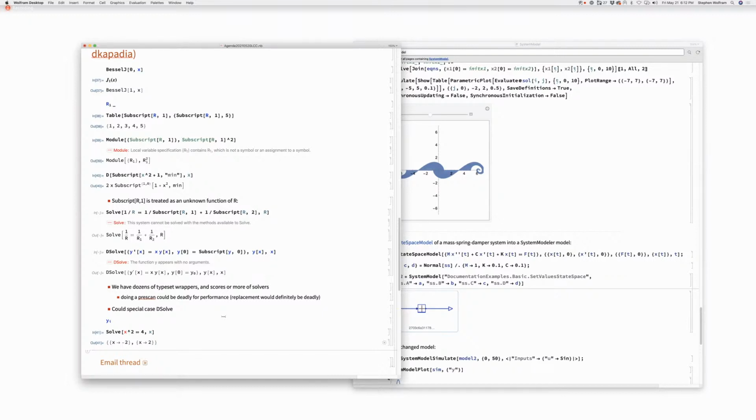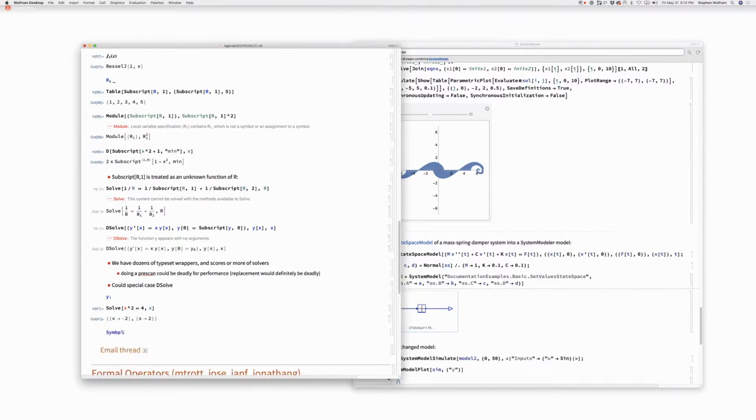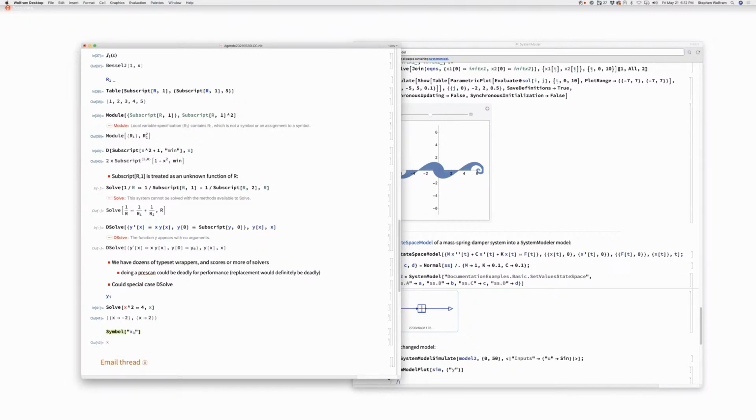Which suggests to me that we need something which says, if we say symbol quotes x, we get x. If I say symbol x sub 1 quotes x, there's no good reason that shouldn't work.